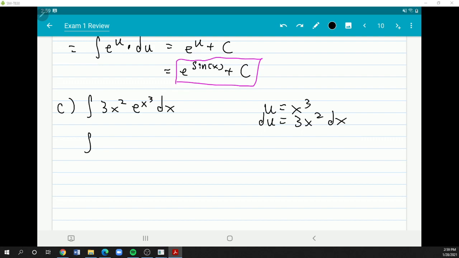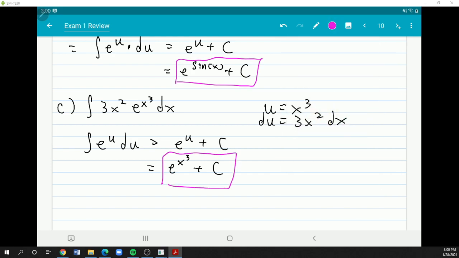So I can just have du, and I have e to the u du, which again is e to the u plus c. And then I go back and plug in, this is e to the x cubed plus c. So a not unreasonable u substitution. And that finishes it up for problem number 9.